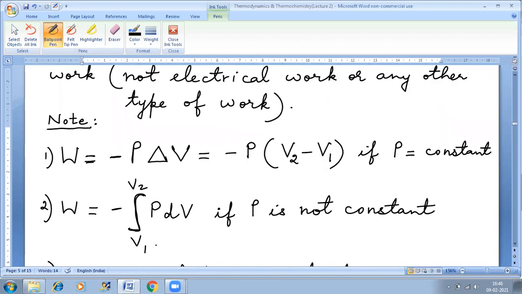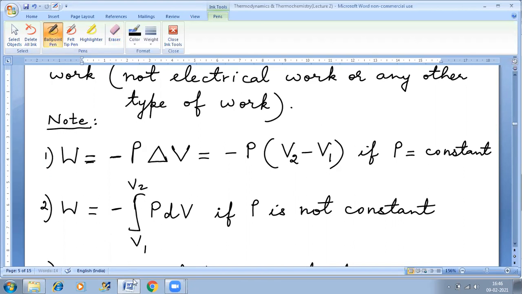If pressure is not constant, in general, we can use this formula, that is W is equal to minus integral of V1 to V2 PdV. This is integration sign. So this integral sign is telling us the general way of calculating work. That is the general expression to evaluate work done.